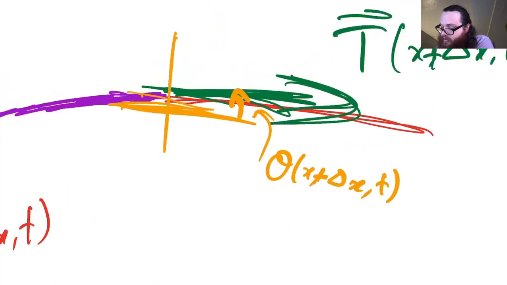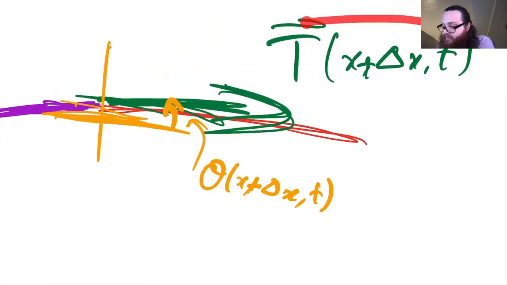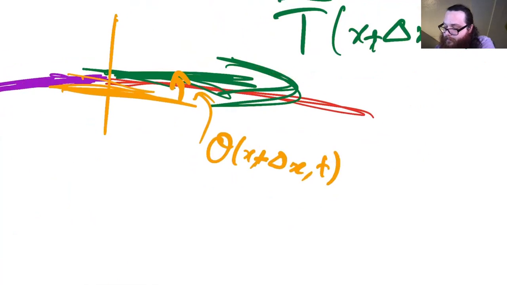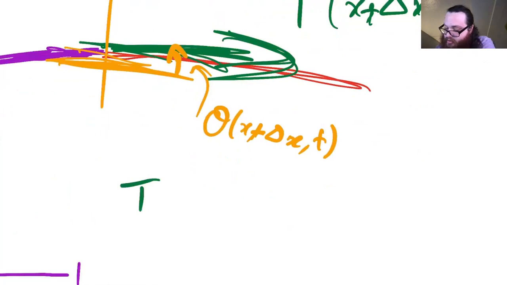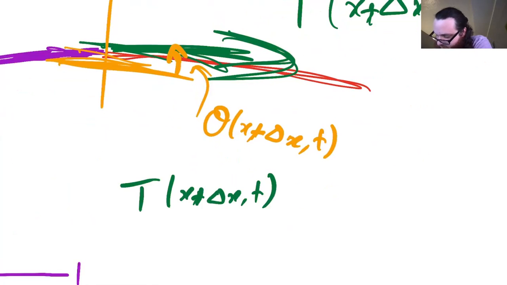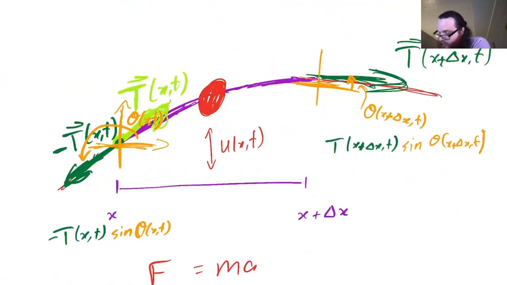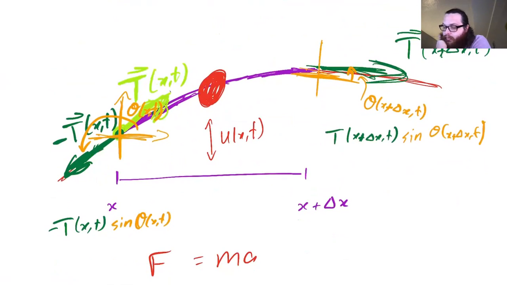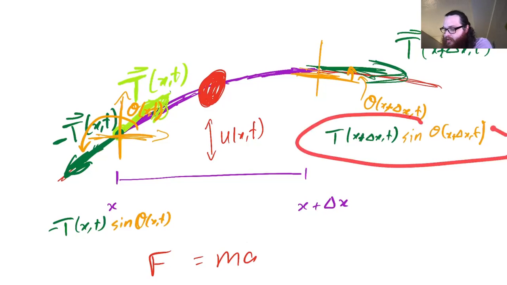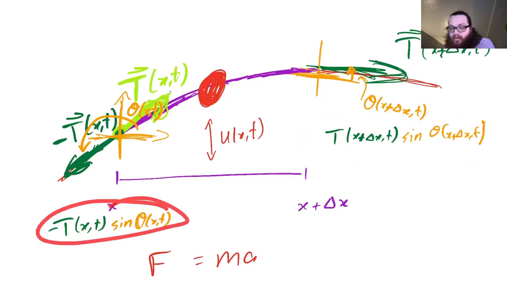So the vertical component of this tension is going to be the magnitude of the tension at x plus delta x comma t times, again, sine of theta(x plus delta x, t). Okay. So what is the force acting on our particle? Well, it's going to be this plus this.